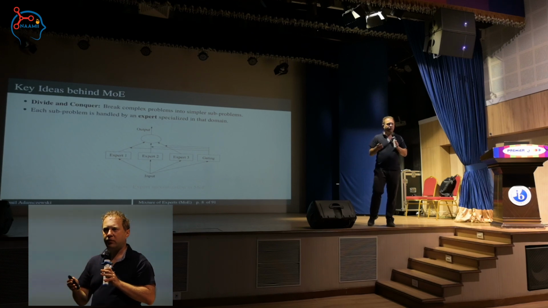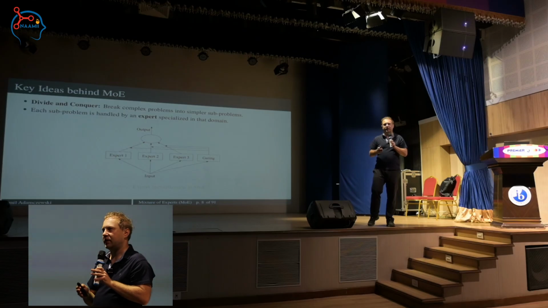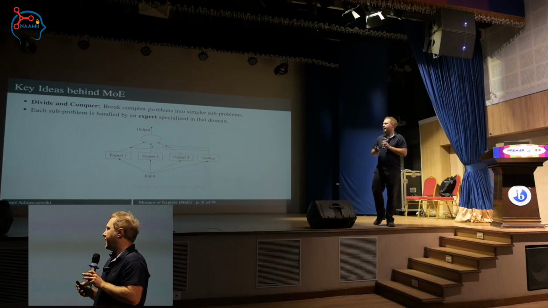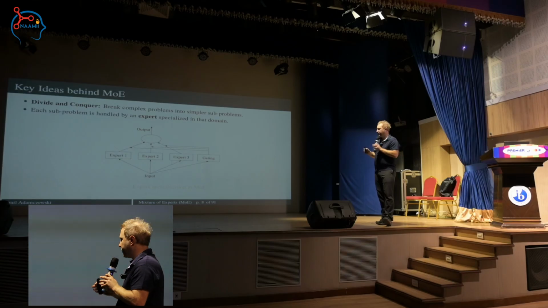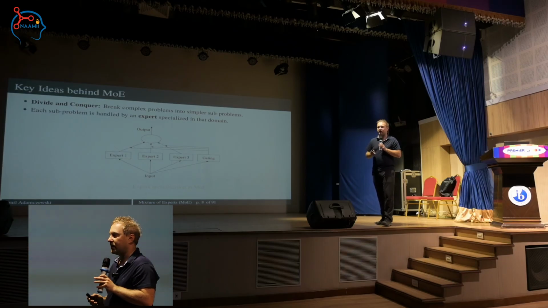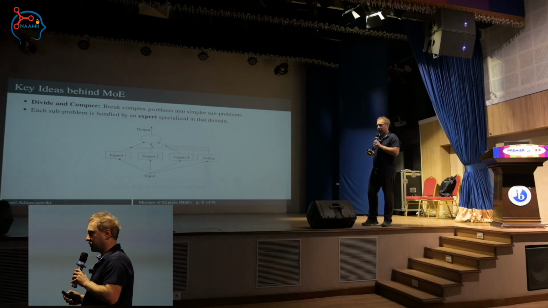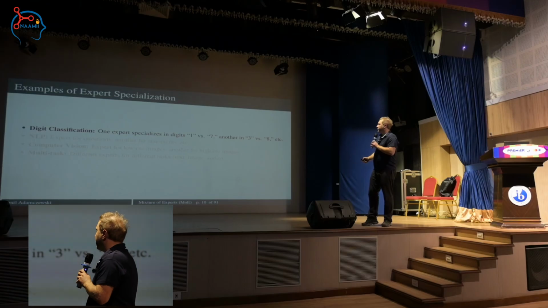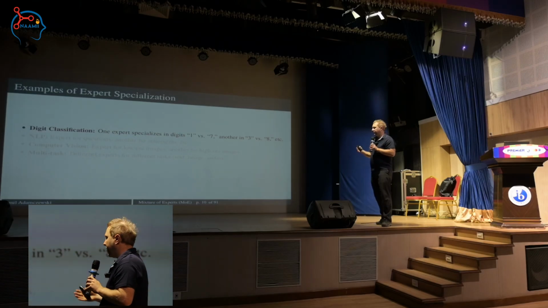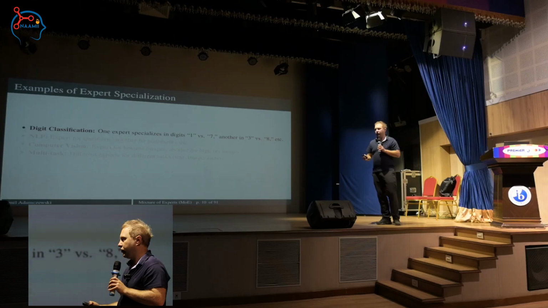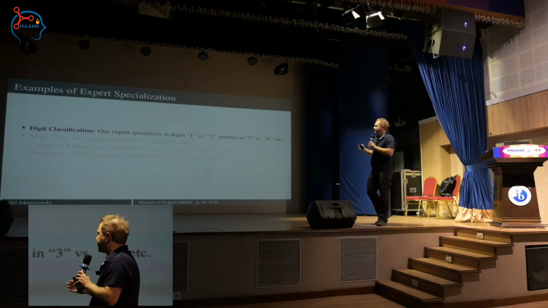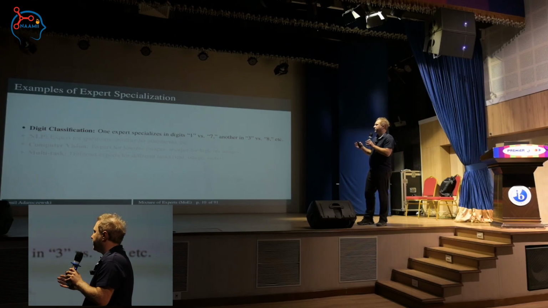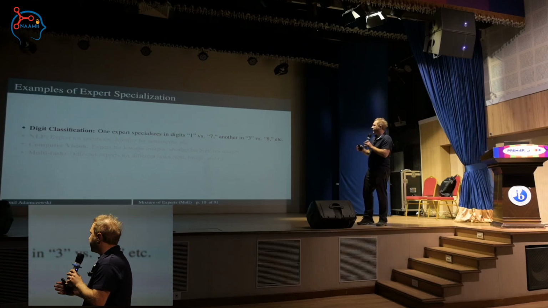models. Some of you maybe also heard about ensemble modeling. This is also related, but in mixture of experts we will have this routing, which will guide us on which of those models we choose. Here are a few examples where that could be useful. In digit classification, the most basic classification problem, we could have one expert which specializes in digits 1 versus 7.